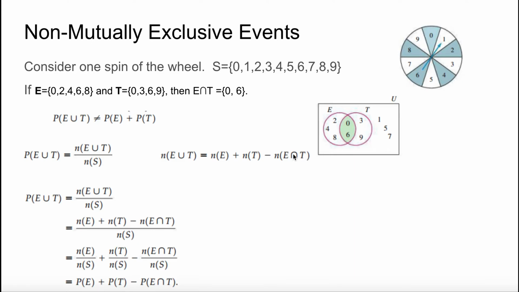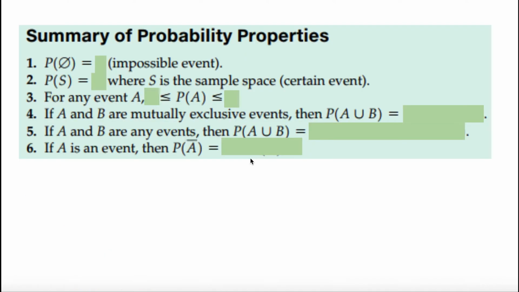So the intersection part, you need to take it away. Well, you can also apply this to mutually exclusive because there's no intersection. When the two sets are mutually exclusive, this is 0. So taking away 0 is still n of E plus n of T. So it works for mutually exclusive as well.